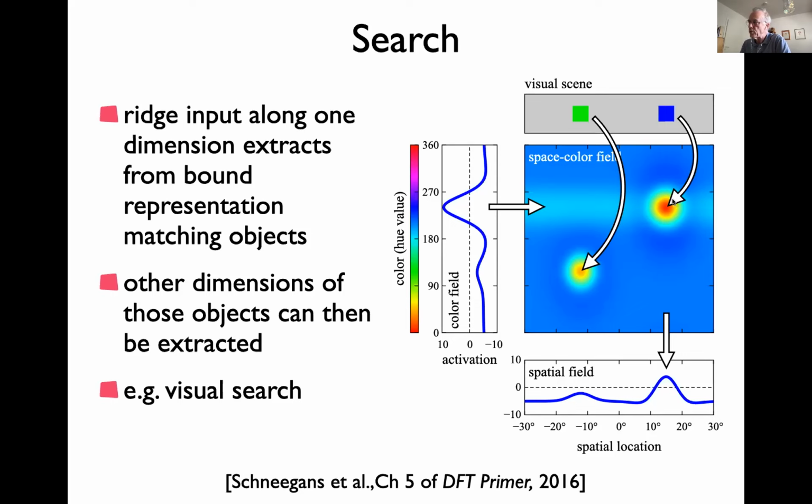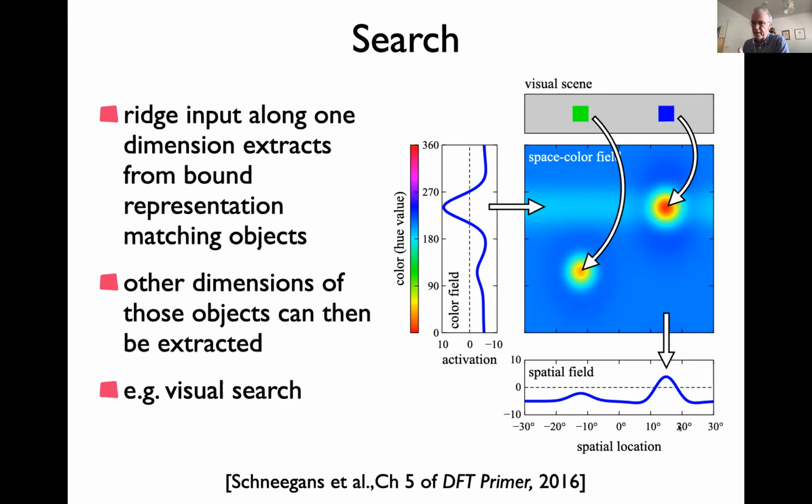So that only those locations that receive input from the sensory surface that get the boost from that ridge can build a peak. And then you can read out the location of that peak into a spatial field and can steer, for instance, eye movement to that or a reaching movement or something like that. That is the core principle of visual search. And you can see how that would generalize across many different kinds of areas.